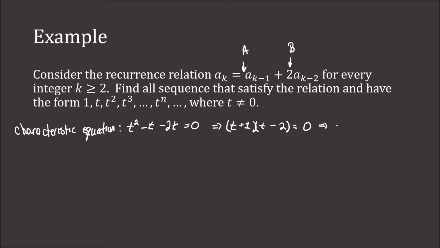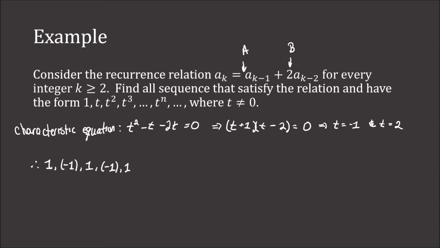And so we have two solutions. t is equal to negative 1 and t is equal to positive 2. So the two sequences that would satisfy this relation: it would start at 0, right? 1, t, t squared. So 1, negative 1, 1, negative 1 cubed, which is still negative 1, right?